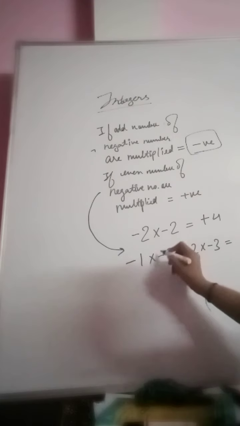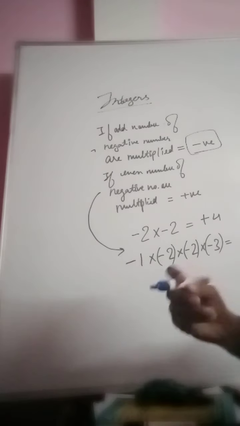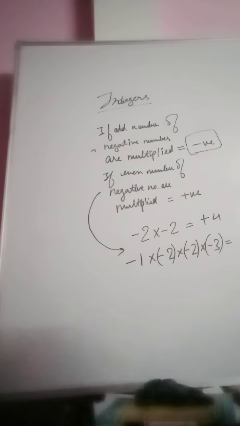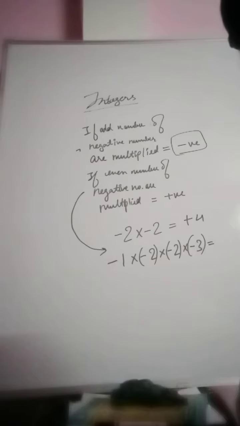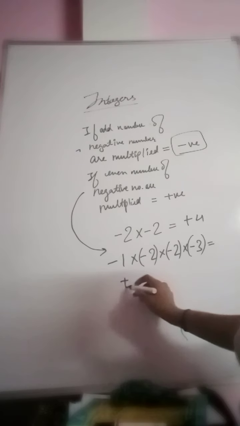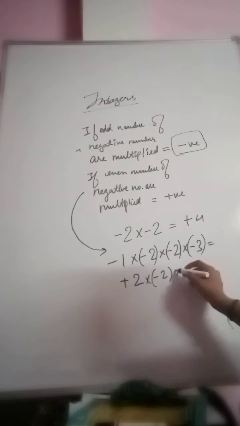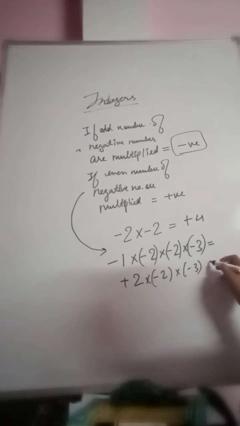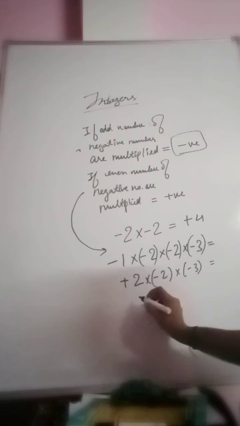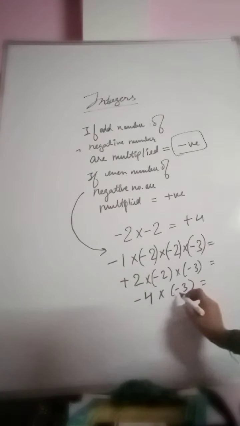Now see here, whenever you are multiplying, you can write those negative numbers in brackets, so it becomes very convenient to see. Alright. So here minus into minus will become plus 2 into minus 2 into minus 3. Now plus into minus will become minus 2 into 2, 4 into minus 3. Now minus into minus again, how much?